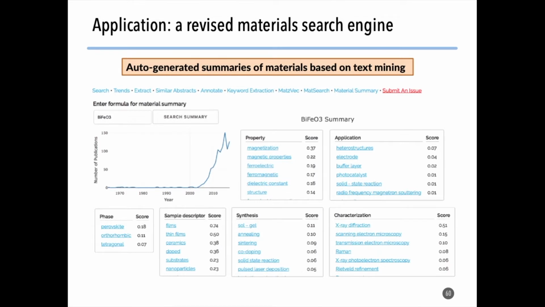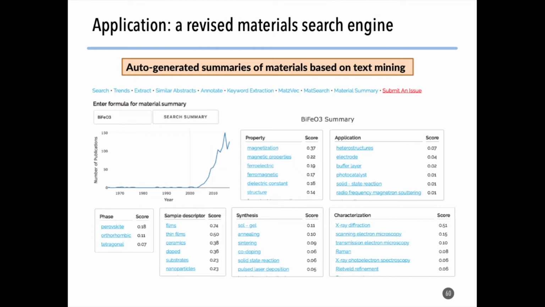One of the things we're doing with this data is building a revised material search engine. For example, if you look at this bismuth ferrite material, which was discovered around 2003 to be a really good multiferroic material, you can see that interest in this material really spiked right around when it was found to be a multiferroic. The properties studied are typically magnetization, ferroelectric, ferromagnetic.